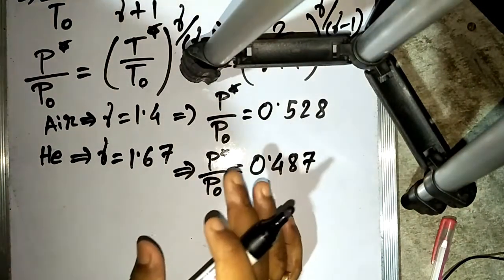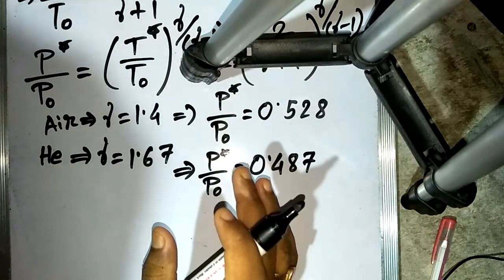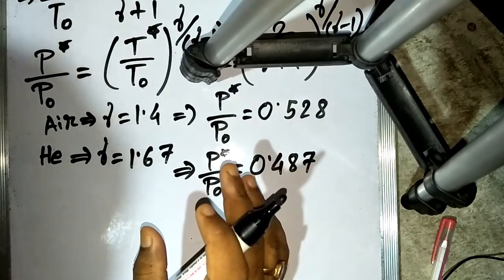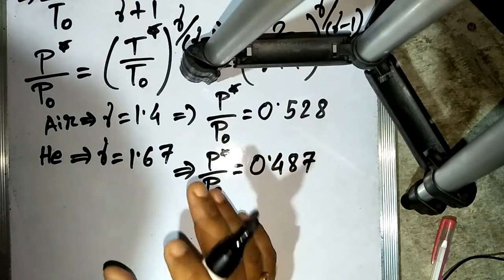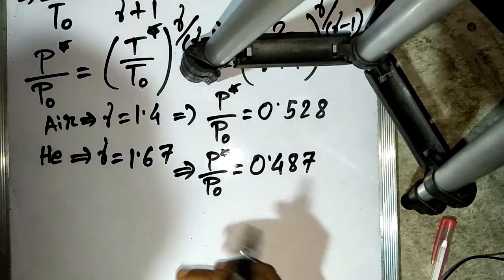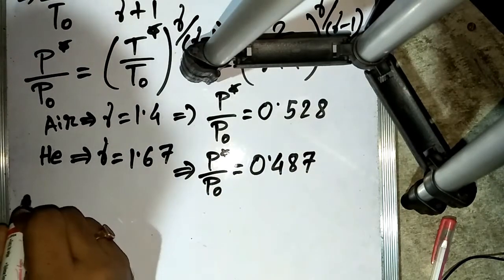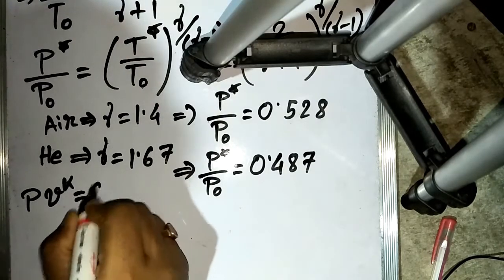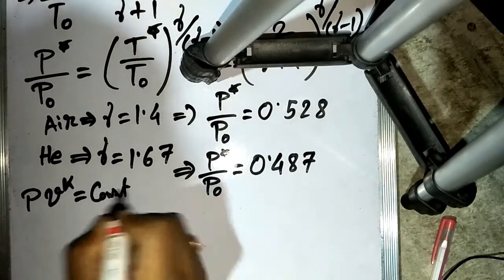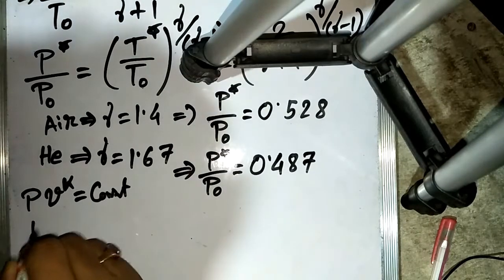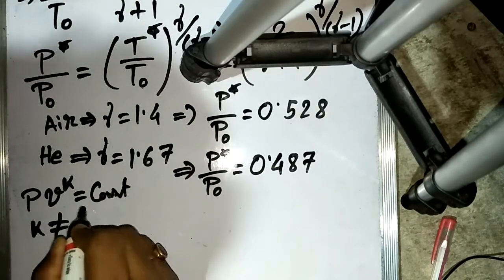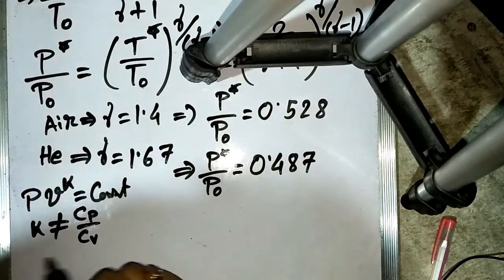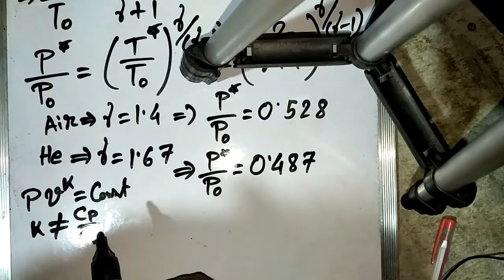If steam expands in the nozzle isentropically, we get PV to the power K equals constant. This K is not Cp by Cv, that means K is not the ratio of specific heats.